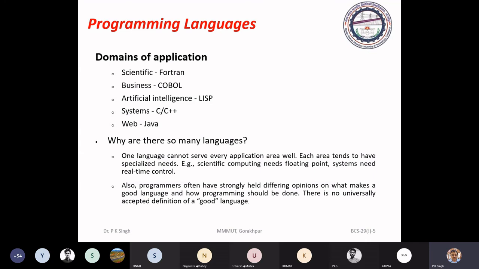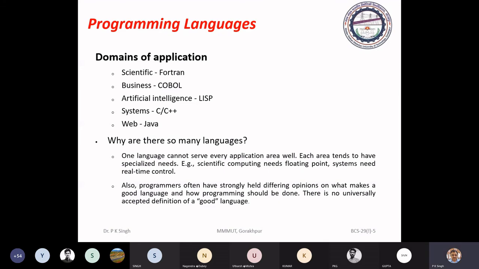For artificial intelligence, we use the Lisp processing language, and it has the capability to process strings. And again for AI, we use Prolog, where we have to handle predicate logic.